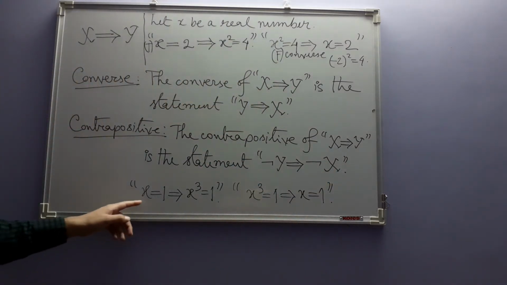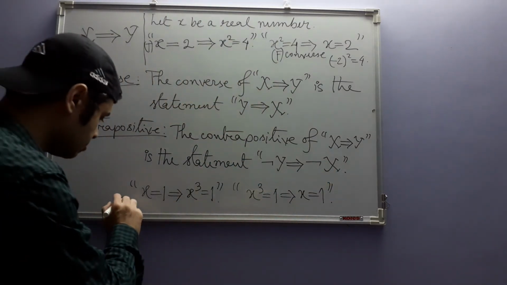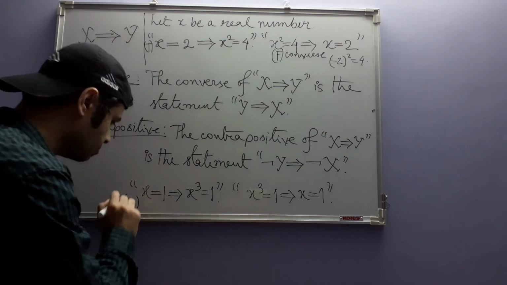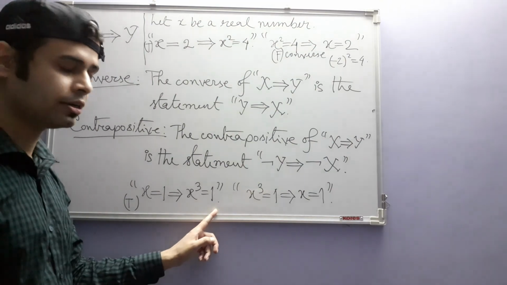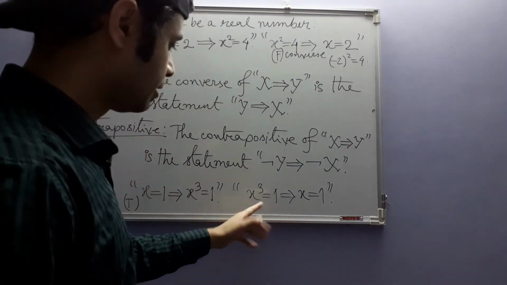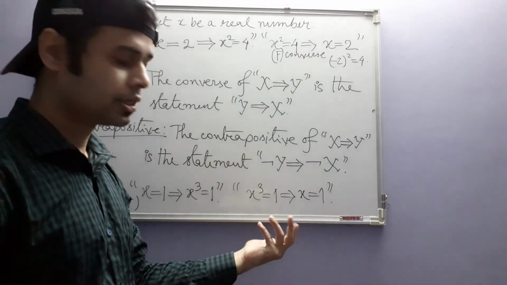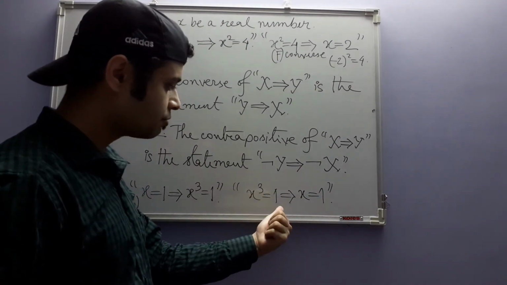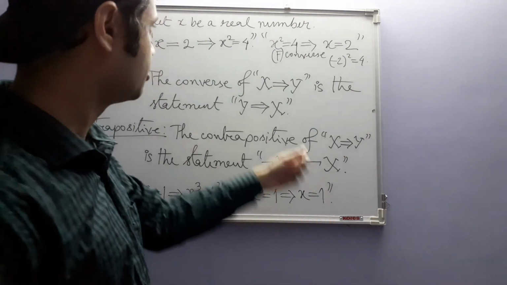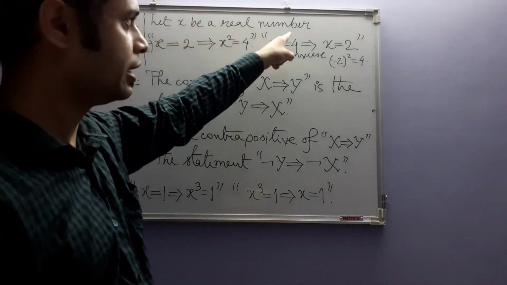In this case, of course, the first implication is true because when x is 1, 1 cube is equal to 1. Now, what about the converse in this case? The converse is also true. When x cube is 1, then x has to be equal to 1. Remember that x is a real number.